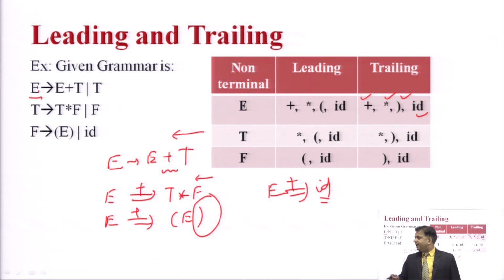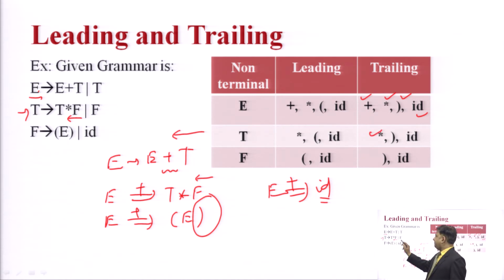Similarly, we can find out the trailing of T. Trailing of T means T से ड्राइव होने वाले वो सारे प्रोडक्शंस और उन प्रोडक्शंस में लास्ट टर्मिनल या फर्स्ट टर्मिनल from the trail, trail means पीछे से. तो T drives T star F. So, what is the first terminal symbol from the back, that is the star. So, T के trailing में क्या आ जाएगा, आपका स्टार.